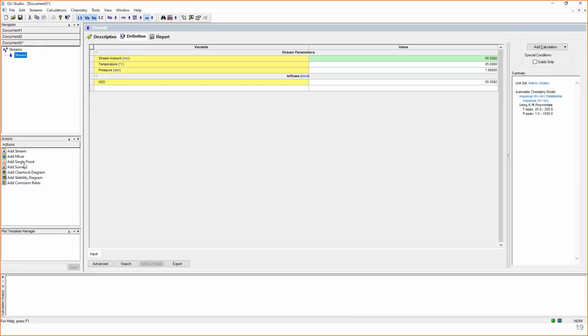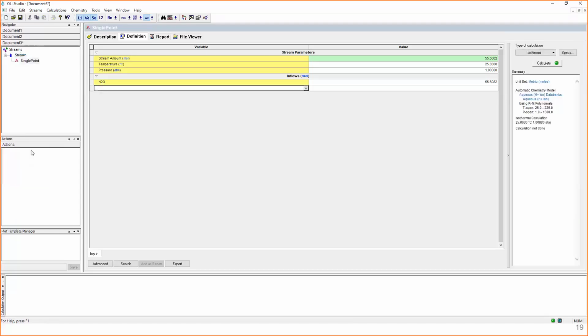For example, we have the single point calculation. So now we have the global stream, the stream level, and a calculation level here. Let's say we want to calculate the pH in this specific calculation level.